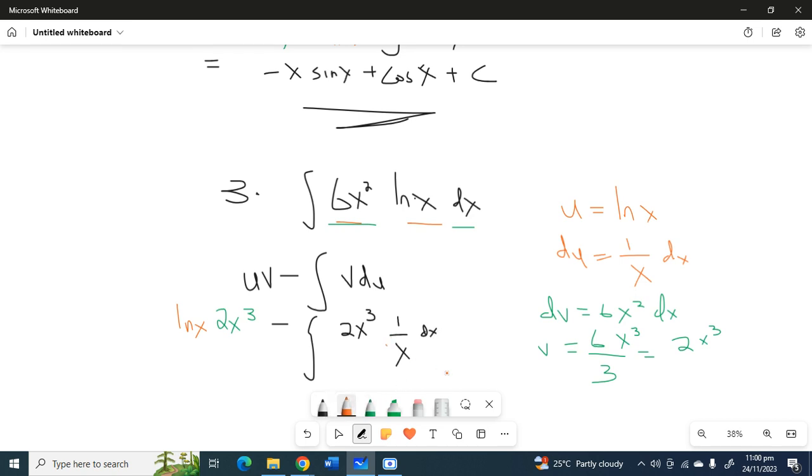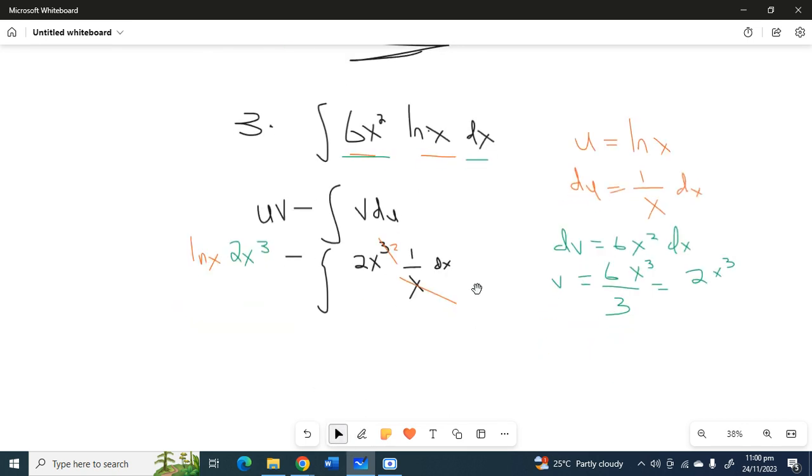So we can get rid of this x here. This remains as 2x squared. All right, so we need to integrate 2x squared.